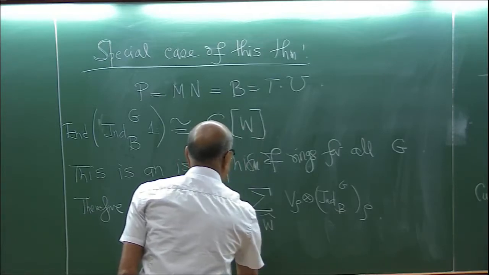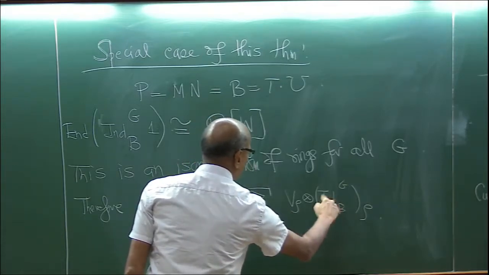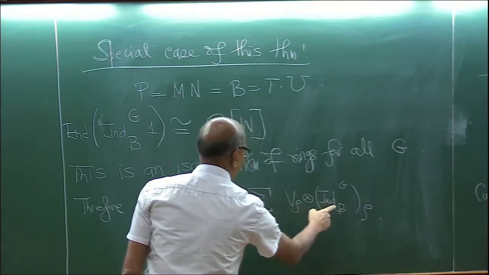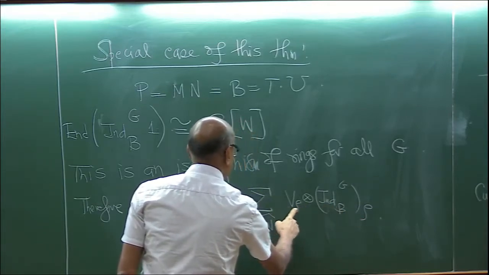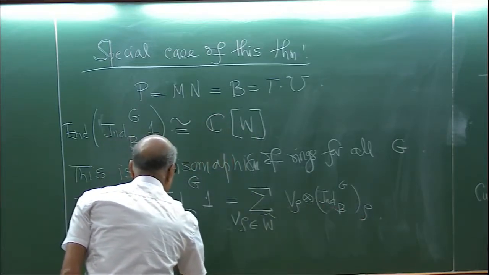V rho are irreducible representations of the Weyl group, and this is, so to say, the rho isotypic component, and they appear with multiplicity as much as the dimension of V rho.